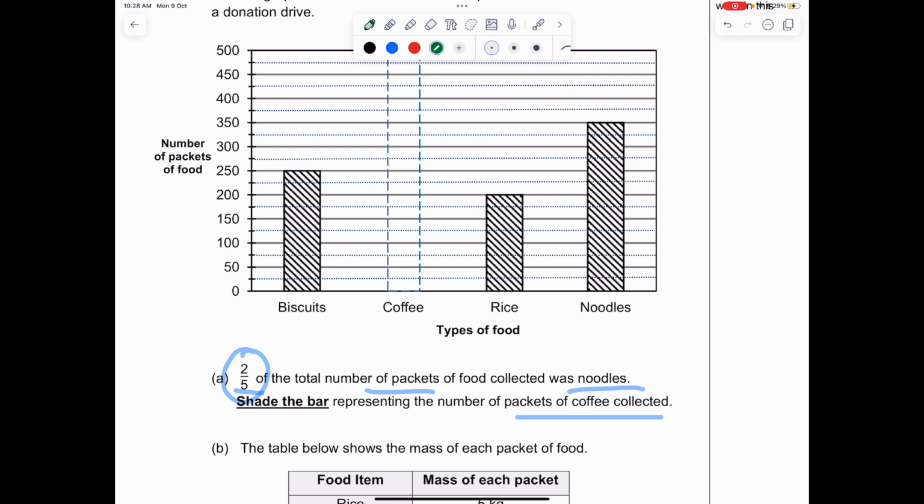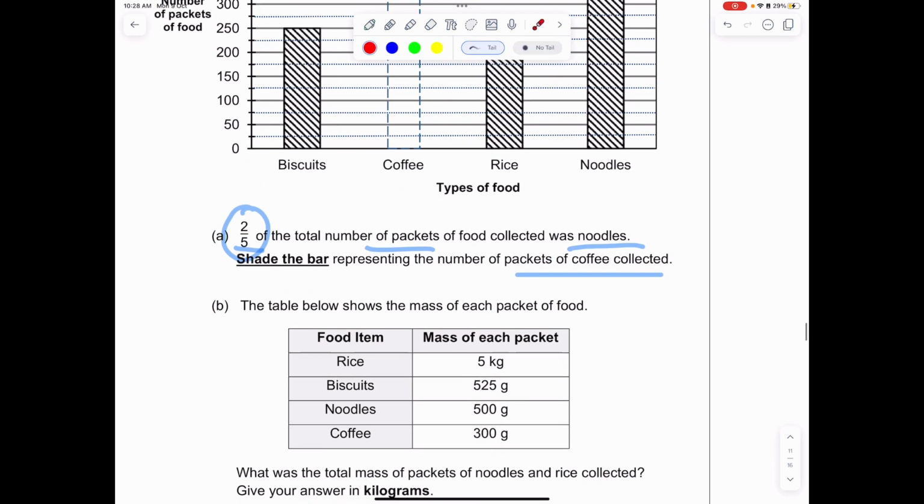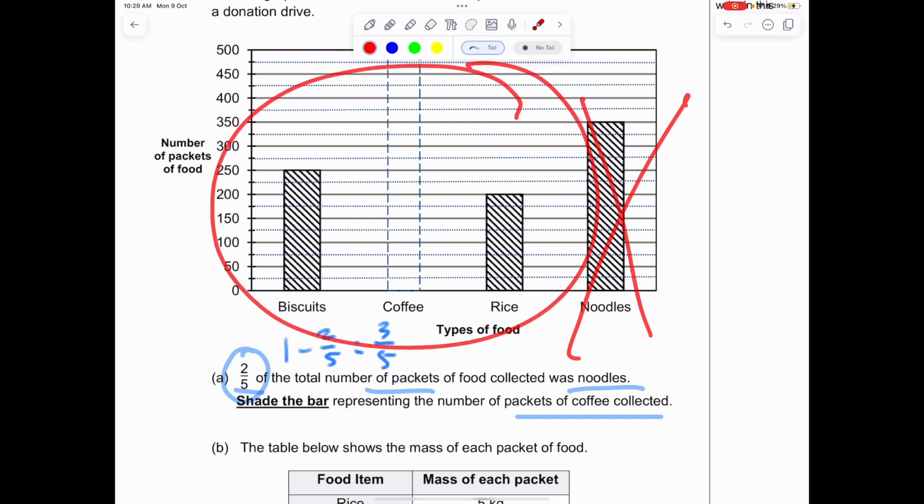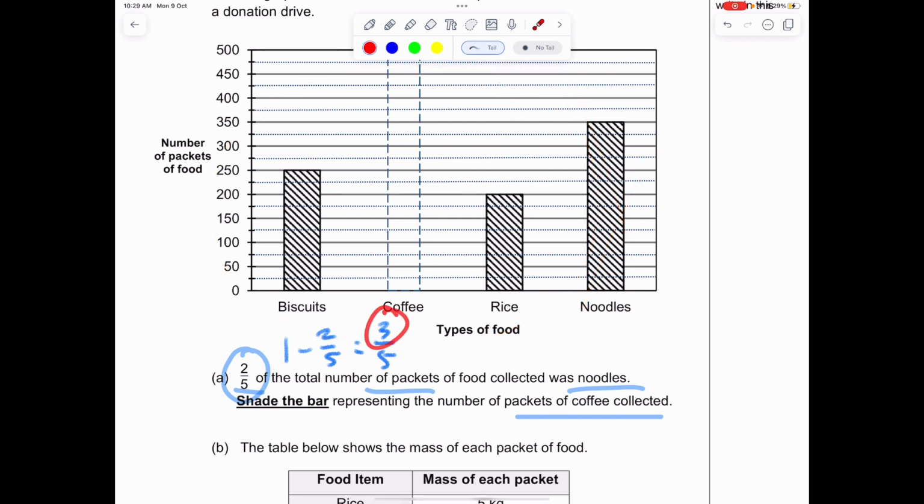Why 3 units? Because 3 units is the remaining. When you get 1 minus 2/5, your answer is 3/5. So this part of the 3 units is what is remaining after you ignore your noodles. You don't want to care about your noodles. I don't want to care about my noodles, but the remaining is what I have, these 3 units.